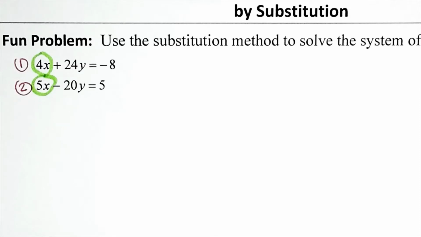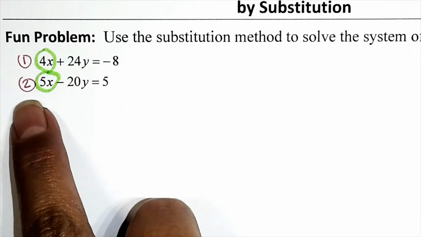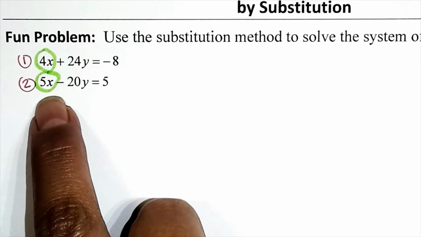Now, substitution, how does that work? So we're going to look at our notes. Substitution: pick an equation, any equation, and solve for any variable. In this case, we have two nice candidates, so it's like a toss-up. Which one catches your eye? I'm just going to go with the bottom one. So let me speak to myself. I'm going to say, let's look at the second equation and solve for the variable x.